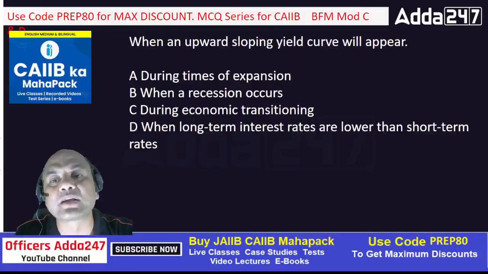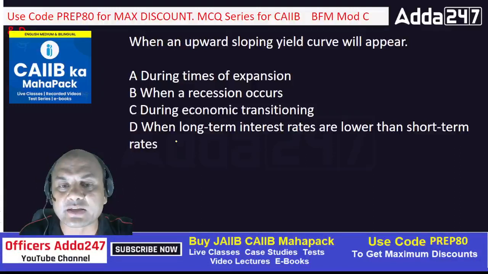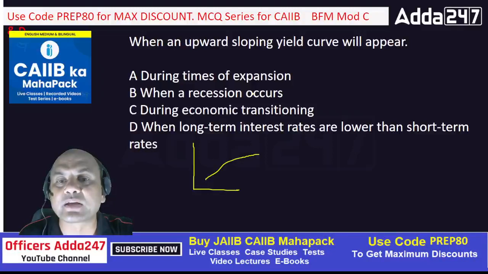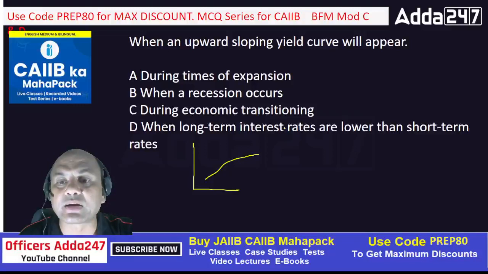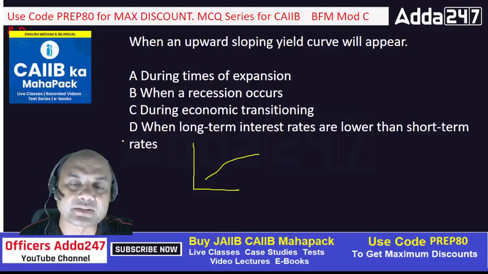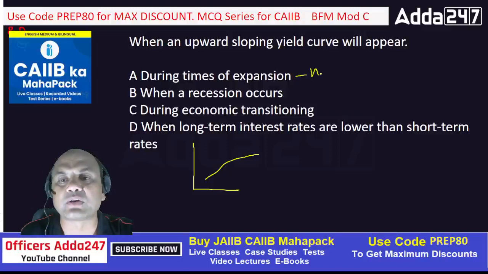When will the upward sloping curve appear? Upward sloping is what I showed you just now. When the upward sloping curve appears: during the time of expansion, when the recession occurs, during economic transition, or when long-term interest rates are lower than short-term interest rates. So when will it occur? The time of expansion means normal.